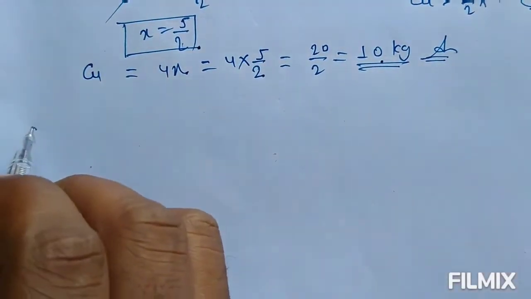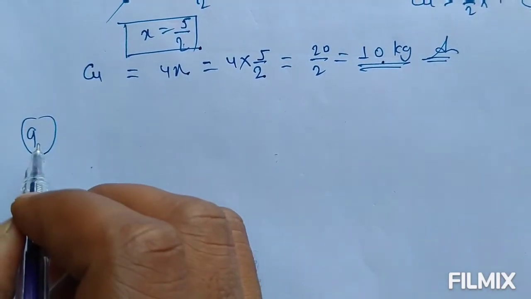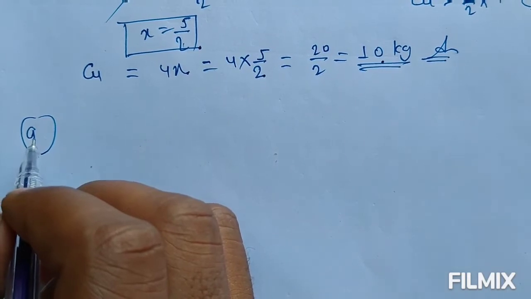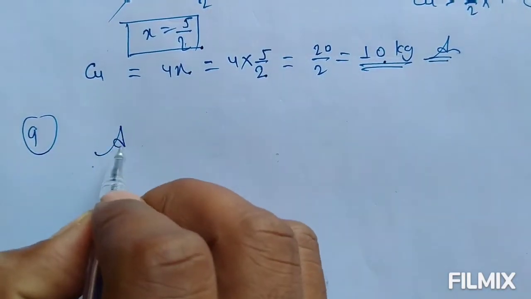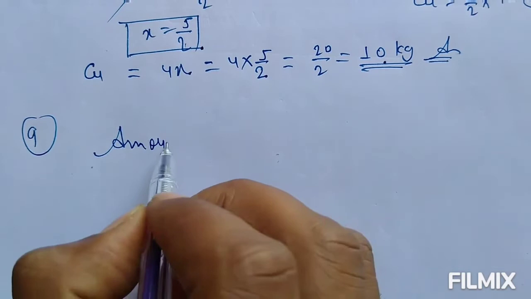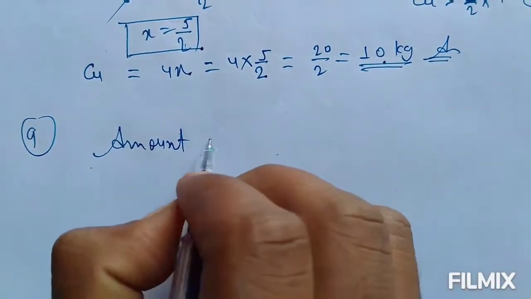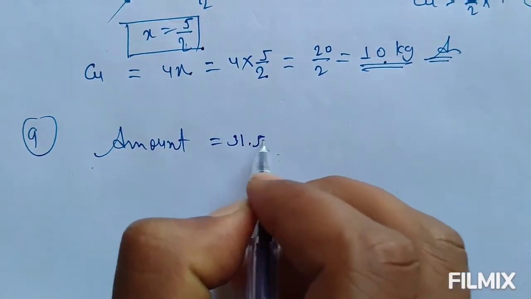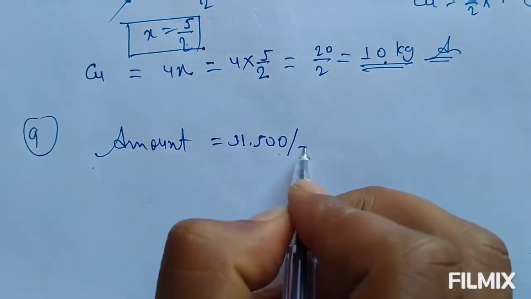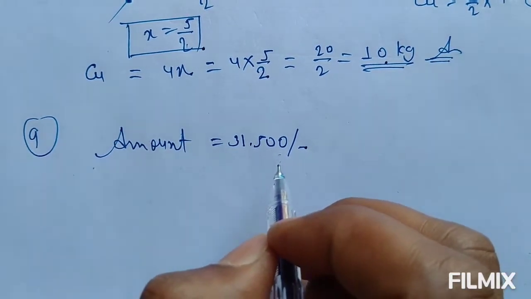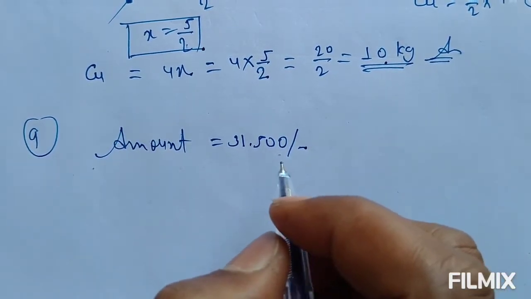The ninth question is, the distributable amount is 31,500 rupees. Our question is, A gets the double of what B gets, B gets double of what C gets.